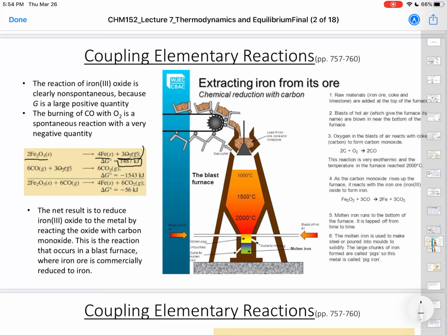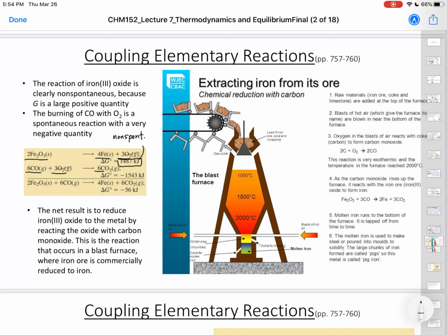Okay, so if you look at this value here, it is very positive, positive 1,487. So you would say this is a non-spontaneous reaction. If you were to try and do this in a lab, you basically can't do it because it's not spontaneous, okay?